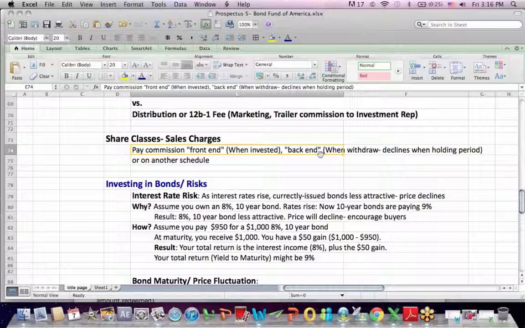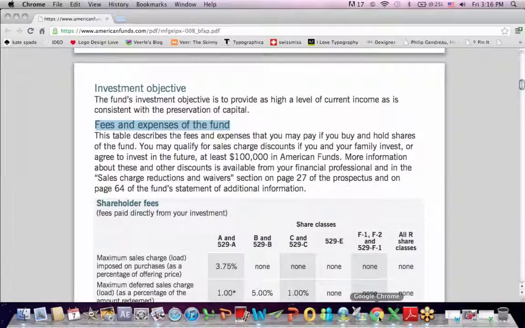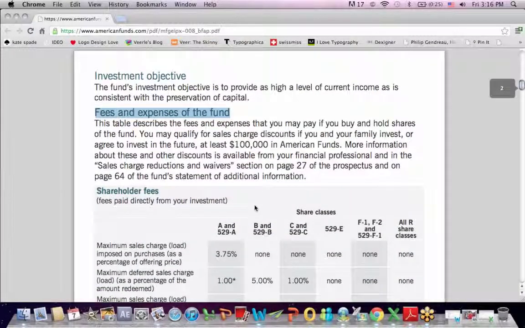You can pay a back-end commission, which means you pay a sales charge when you withdraw the funds, and that declines the longer you hold the funds in the product. Or you can pay on another schedule, so that you can see here, as I scroll down a bit, there are lots and lots of different structures, A, B, C, etc., to structure these sales charges.